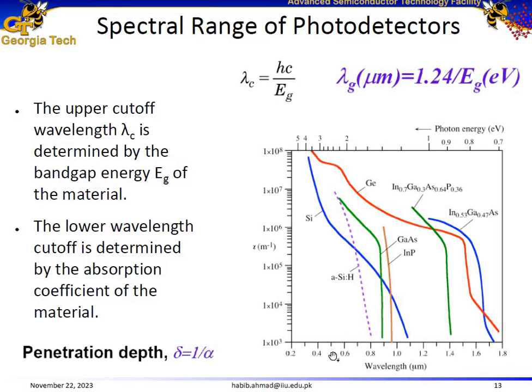So all the incident light at 400 nanometers would be absorbed within around 1 micrometer in silicon-based photodetectors. However, longer wavelength light is going to be absorbed at a deeper depth of the photodetector. So shorter wavelength light travels shallower inside photodetectors, and longer wavelength light travels deeper.